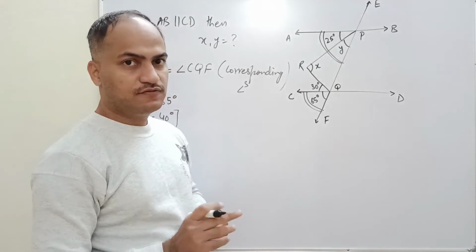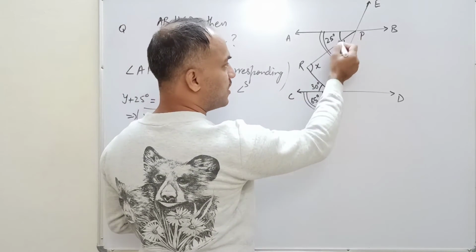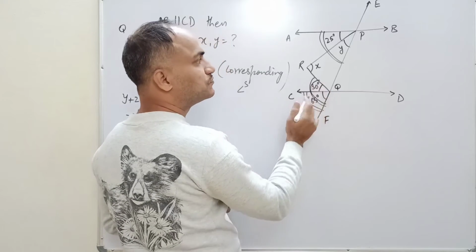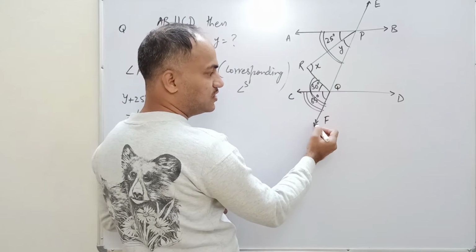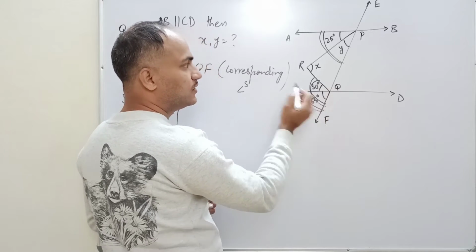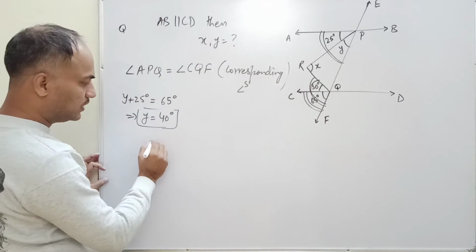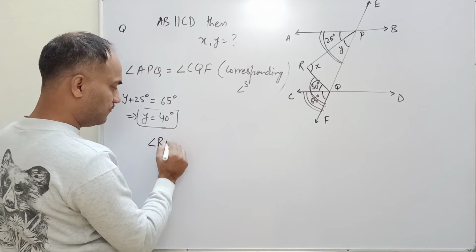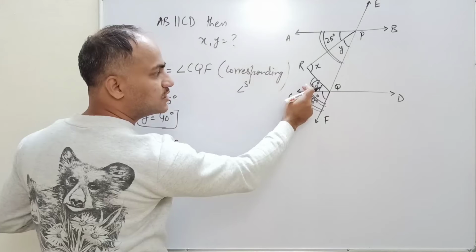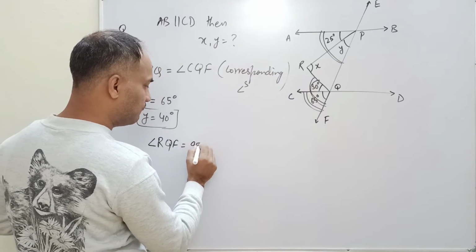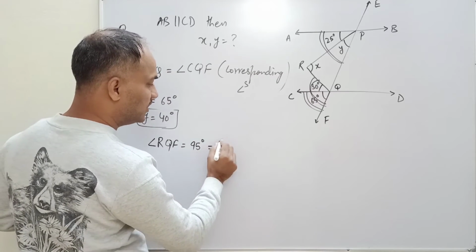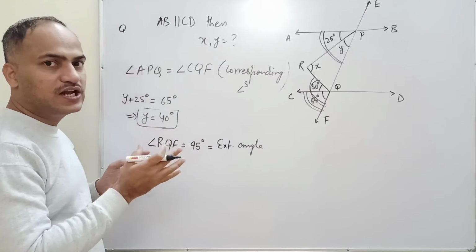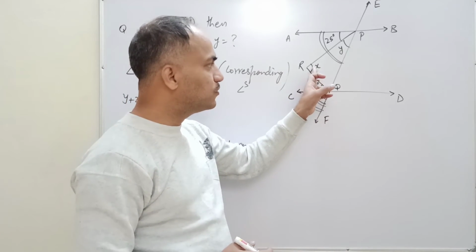Now second, we have one more logic, that in this triangle this angle is an exterior angle. Fine. In this triangle, when we extend the side, this angle is an exterior angle. So angle RQF, 30 plus 65, that is 95, is the exterior angle. So this exterior angle has to be equal to the sum of opposite interior angles.